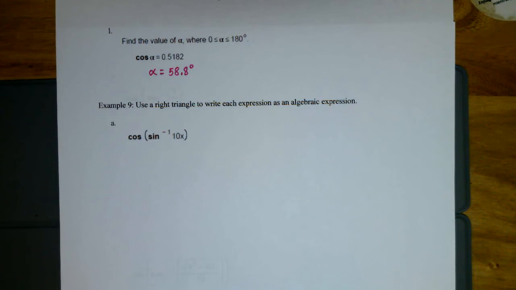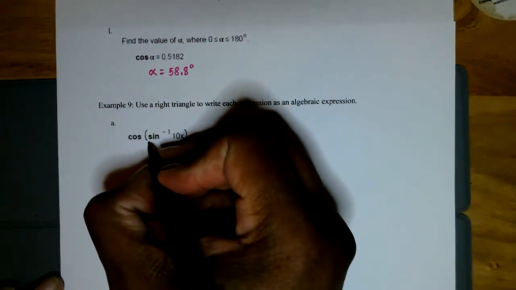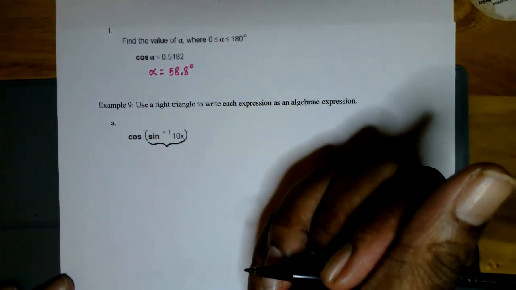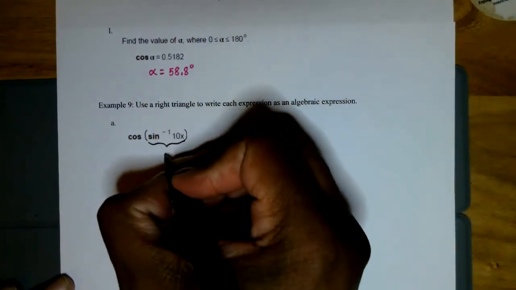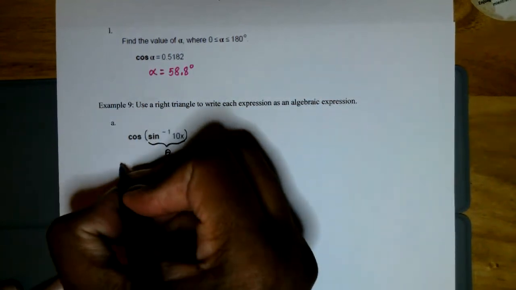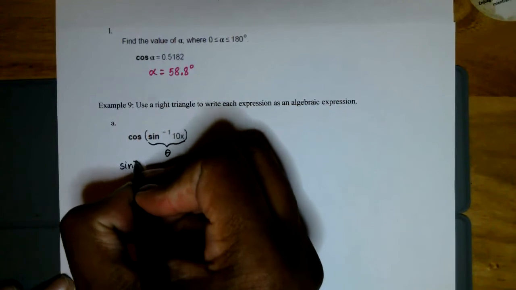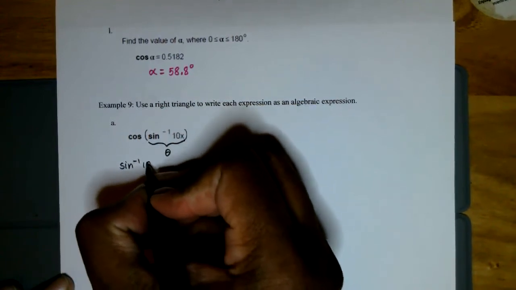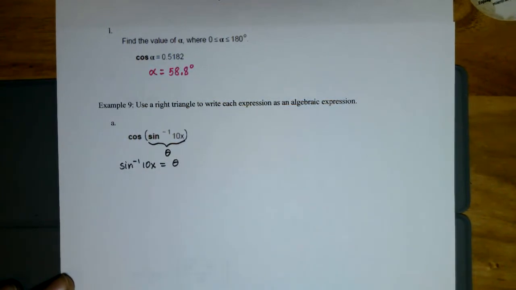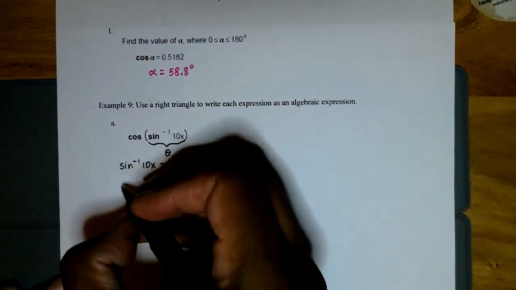All right, first thing I need to do here is focus on this inside the parentheses, the inverse sine of 10x. And I'm going to let theta, some angle, be that. So here the inverse sine of 10x, that's going to be equal to theta. What that means here is this.